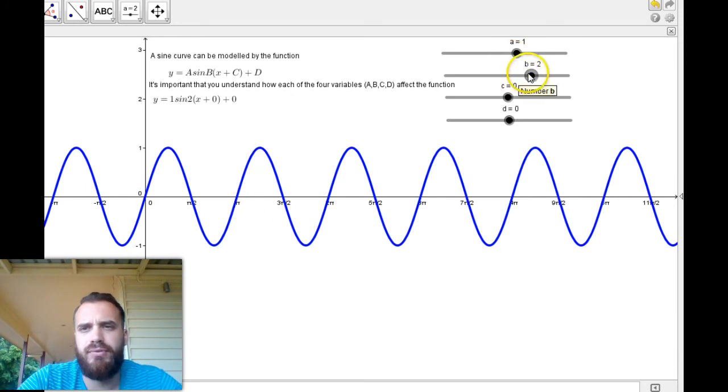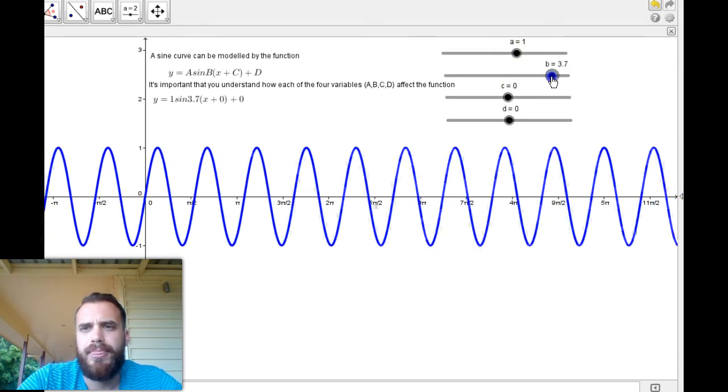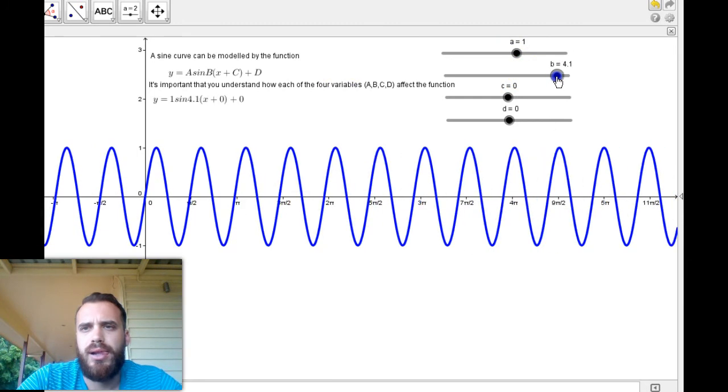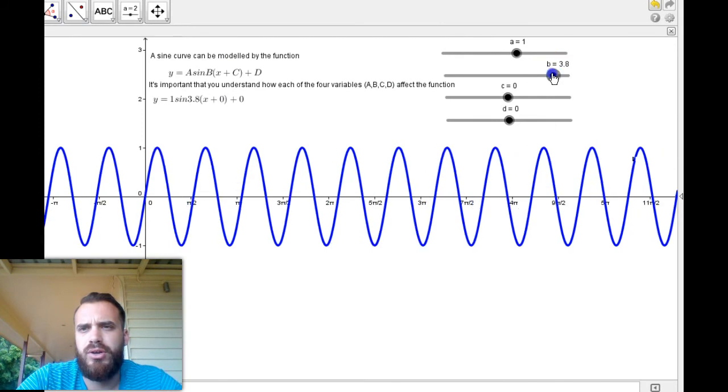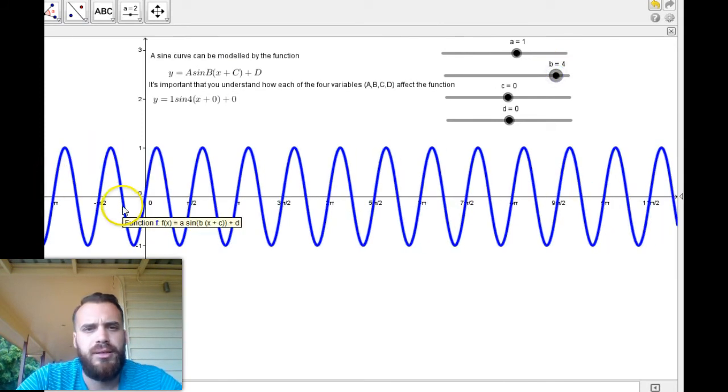If I create an even higher B value there, we can see that it goes up, down, back up to the starting position. It takes pi on 2 to repeat, so the period is just pi on 2.